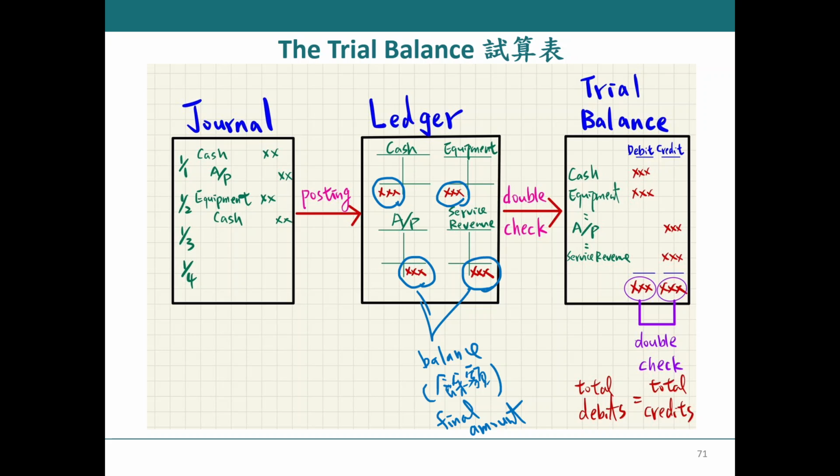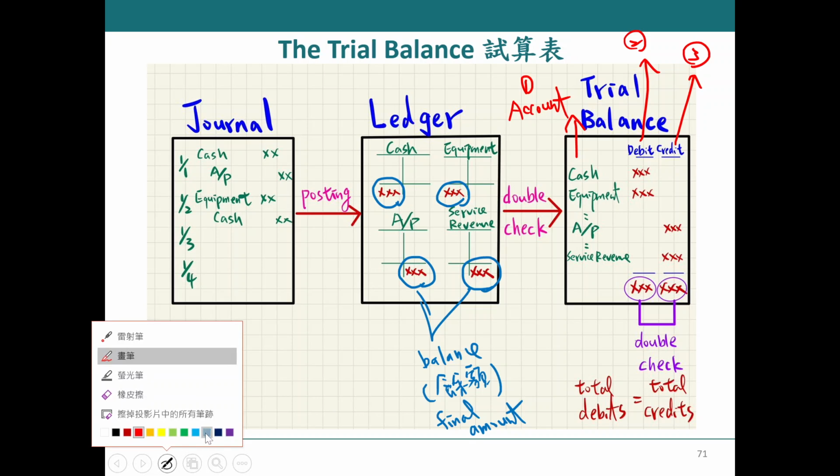So I put it on credit side. Okay? So the first column you have is account. Based on account, you just copy their balance on debit side or credit side. So that's their balance for each account.